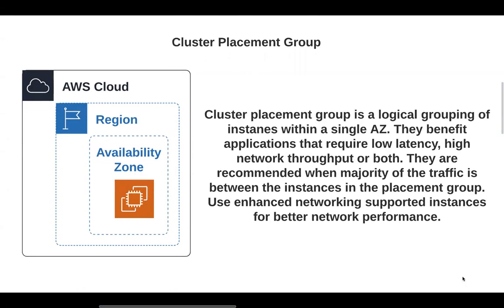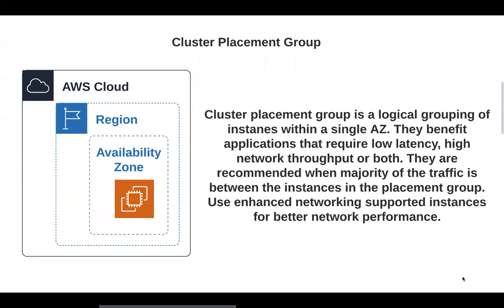Regarding the cluster placement group, you can see over here that we have an AWS cloud. We have an AWS region, which is US East 1, Northern Virginia. And then we have an availability zone, which is US East 1A probably, within which we have, let's say, at least 6 or 7 EC2 instances. The reason why we club all of these EC2 instances within the same availability zone is that we have a logical grouping over there.